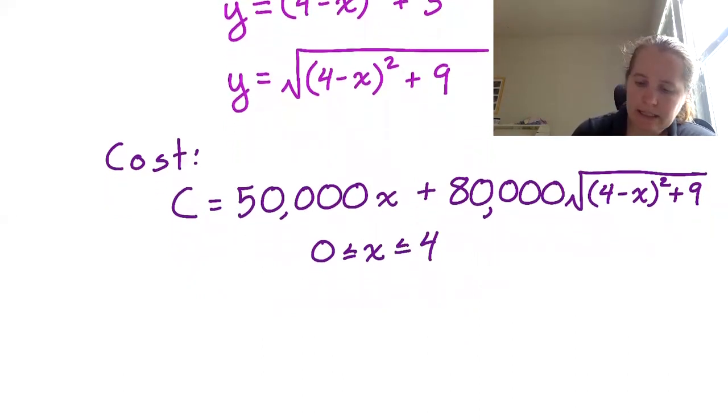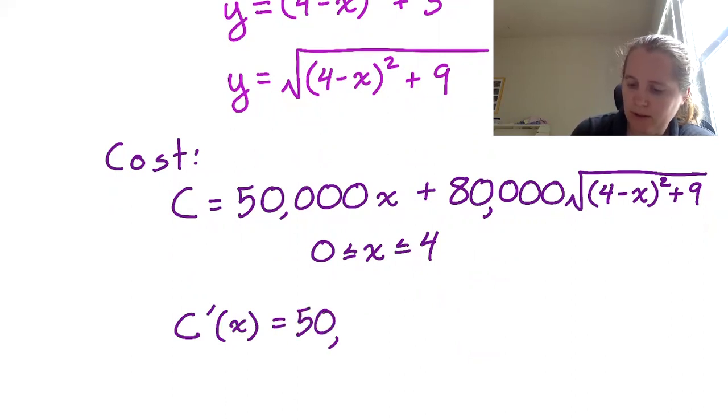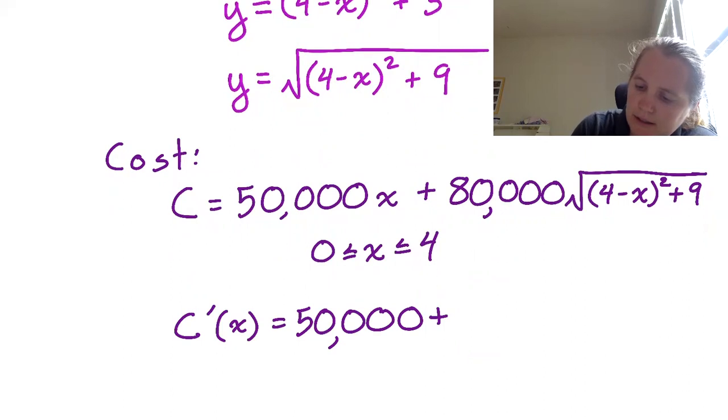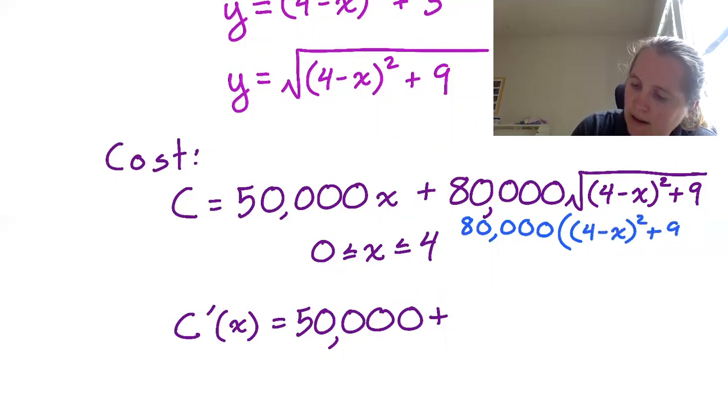So from here, we need to take the derivative. So the derivative with respect to X, that first part would just be 50,000. That 80,000 times the square root, again, note that this is the same as 80,000 times (4 minus X) squared plus 9, all raised to the 1/2.